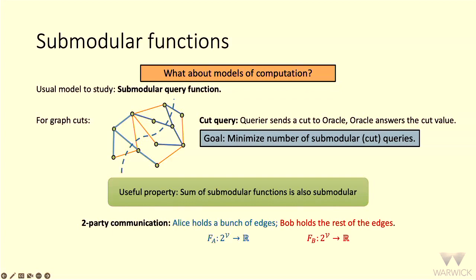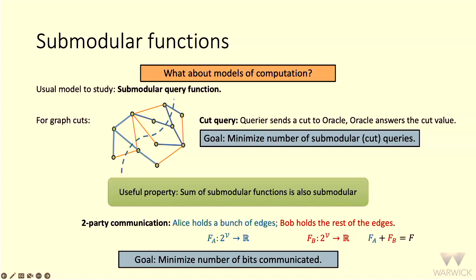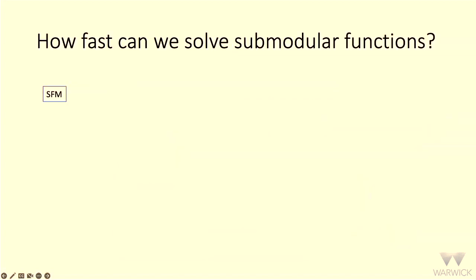Now, just the edges of Alice define a cut function, which is submodular. Think of it as FA. And the same for Bob. He also has a cut function, which is FB. And the actual cut function of the graph is defined as the sum of these two cut functions. And you can ask, give me the minimum cut, and you have to minimize the number of bits communicated. So this is the setup of the problem.